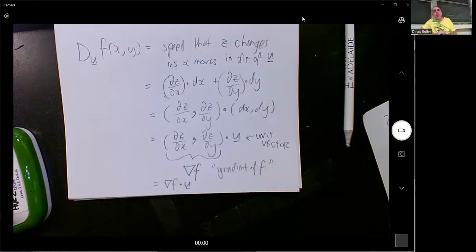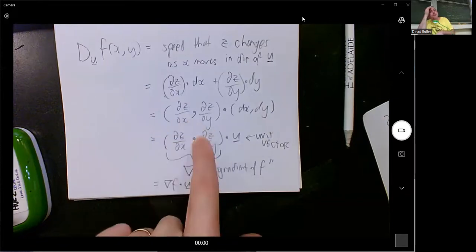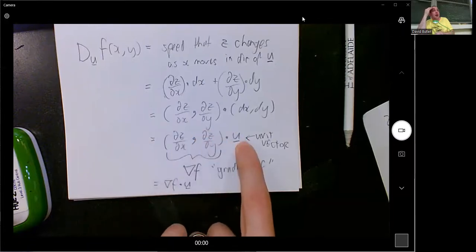Okay, well, here's the thing. At those extreme points, if you want all of the directional derivatives to be 0 in every direction, you're going to need this vector to be 0. So that when you dot it with this, you always get the answer 0.